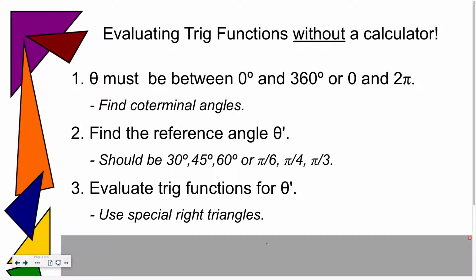Now, earlier in the chapter, I had given you a pink half sheet for homework. On that pink half sheet, you had to label the sides of a 45, 45, 90, label the sides of a 30, 60, 90, and then I had you do all 6 trig ratios. If you want to get that out and look at that as we're doing our homework or our practice examples today, there's a connection there.